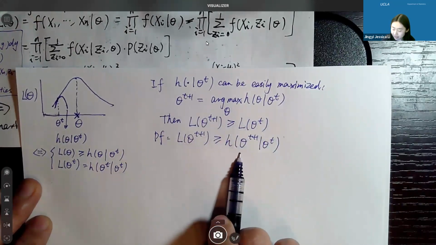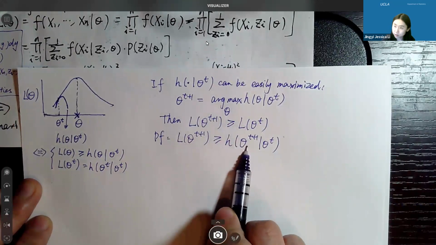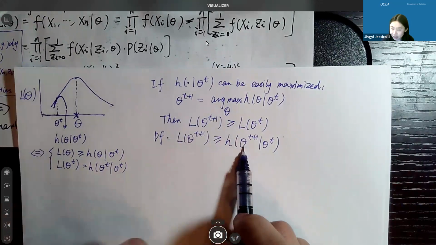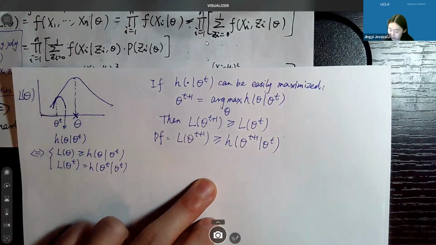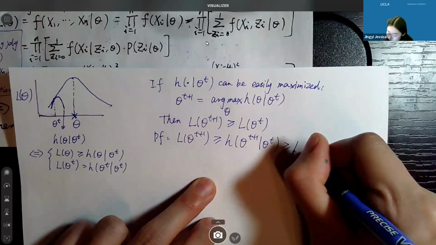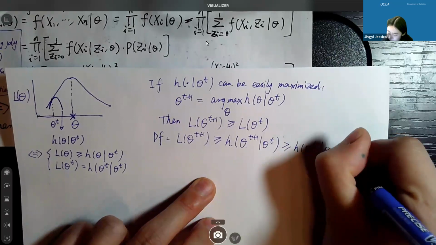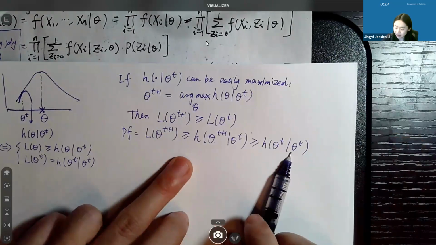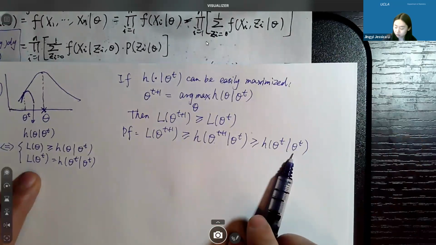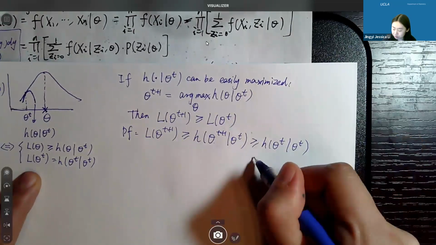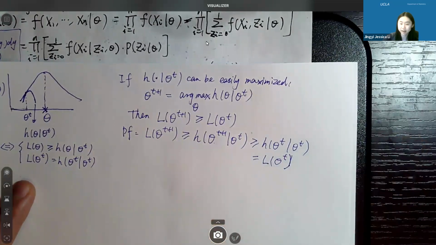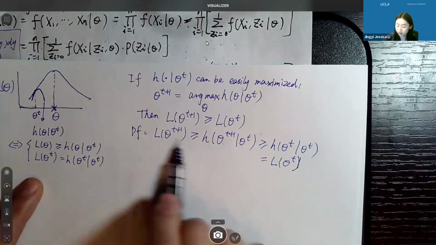And then we know that this theta t plus 1 is a maximizer of h. Hence, h theta t plus 1 should be larger or equal than h theta t, right? And finally, because of the tangency, we can have this equal to L theta t. This is due to the tangency, and we're done.